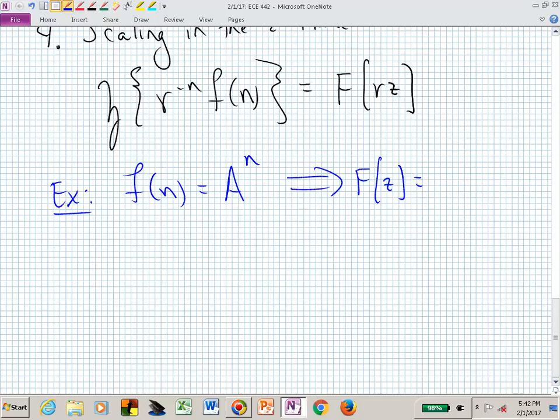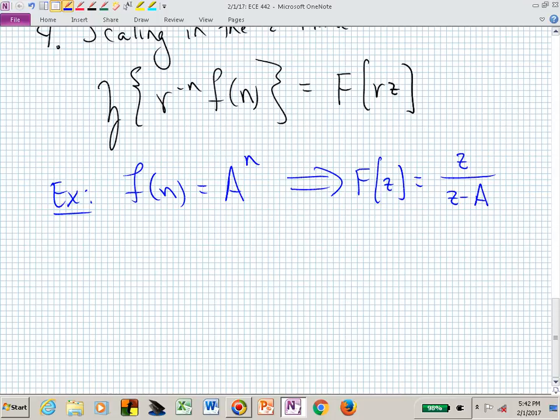These things in a week's time need to just roll off your hand. I was going to say roll off your tongue, but I don't need you to be talking during the exam. I want it to be just flowing from your brain right down onto the paper. This Z-transforms into z over z minus a. Remember, it was 1 over 1 minus the common ratio. So you could do this Z-transform definition and then very quickly figure out what that Z-transform was.